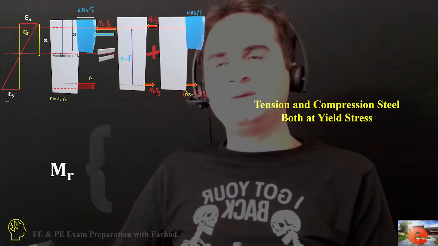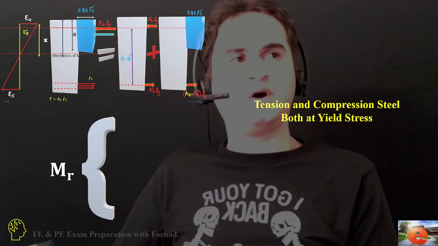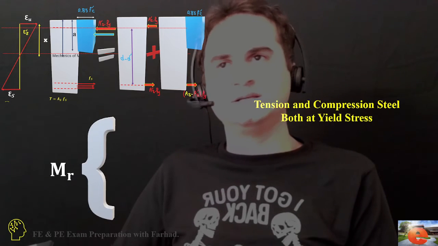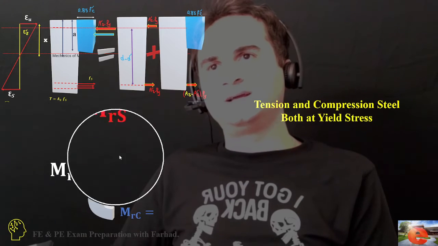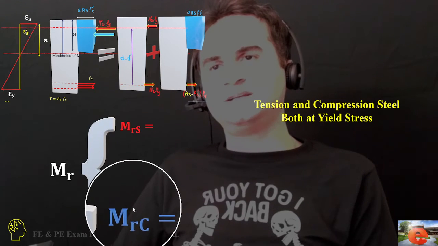Likewise, to develop the moment, the resistant moment consists of two parts, M_Rs and M_Rc: resistance due to steel and resistance due to concrete.